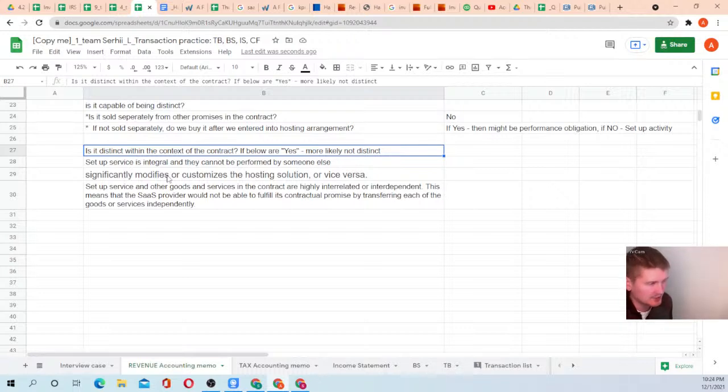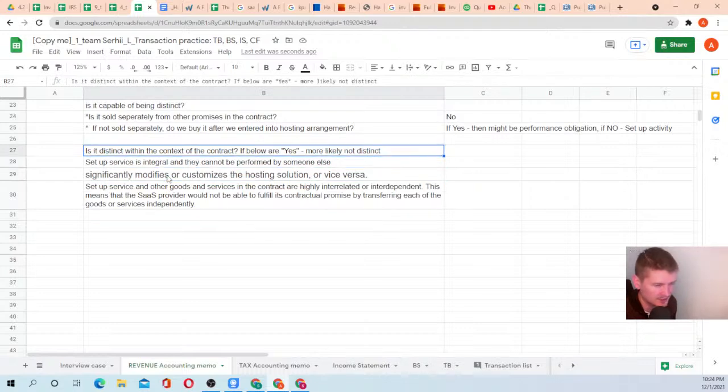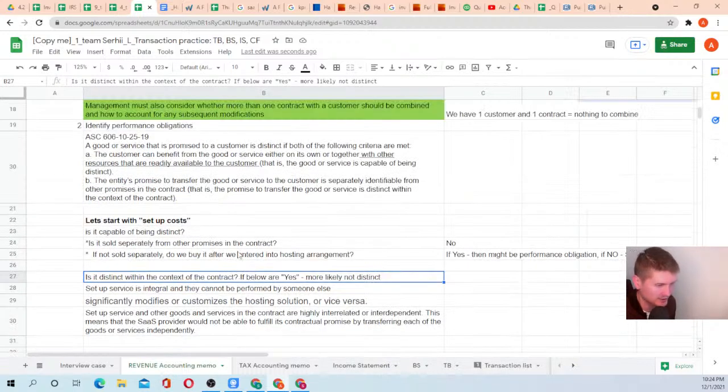If that service cannot be performed by someone else, or if you have some SaaS service, but your setup service modifies your SaaS service significantly, then you might not have a separate performance obligation.